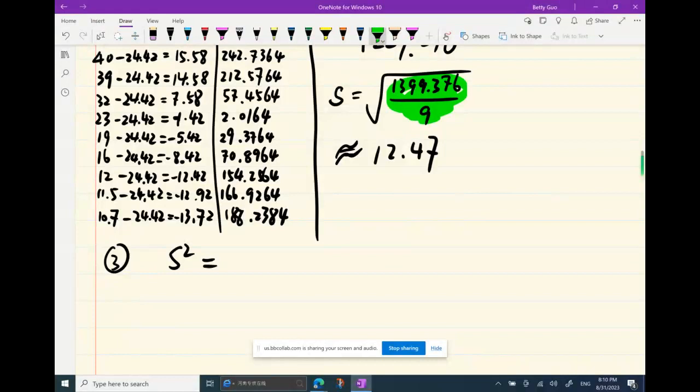On your TI-84 calculator, you still have the history. And S squared is approximately equal to 155.49.